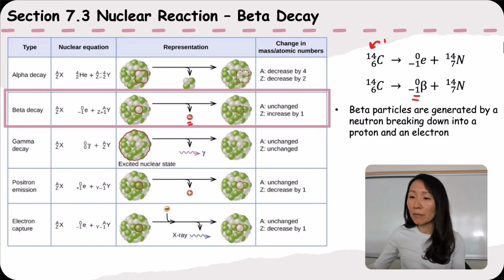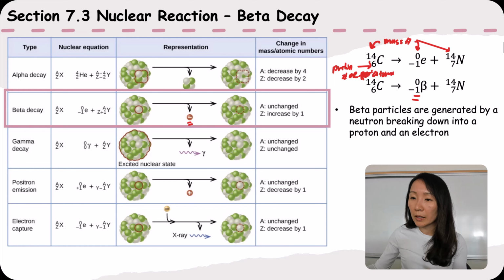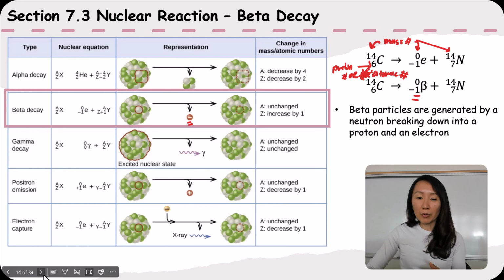All of these on the corner are the mass number. Everything that's on the bottom, that's your atomic number, or your proton number. Okay, erase this.